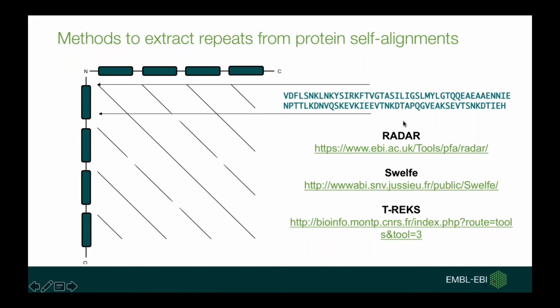All of this would work just fine, but for our example we have additional information, which is that each repeat corresponds exactly to one domain, and this domain is already annotated in PFAM.